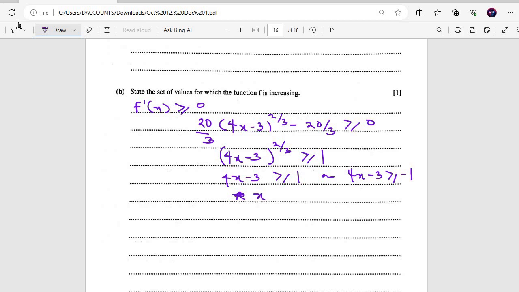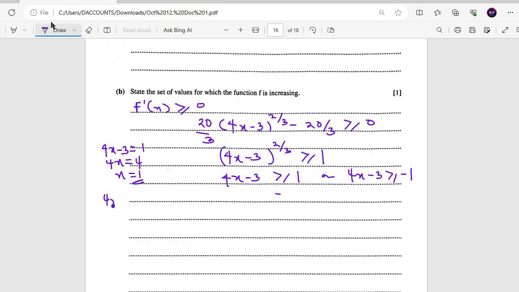Let me do it like this. Sorry, I'm a bit tired. 4x minus 3 equal to 1 gives 4x equal to 4, so x is 1.